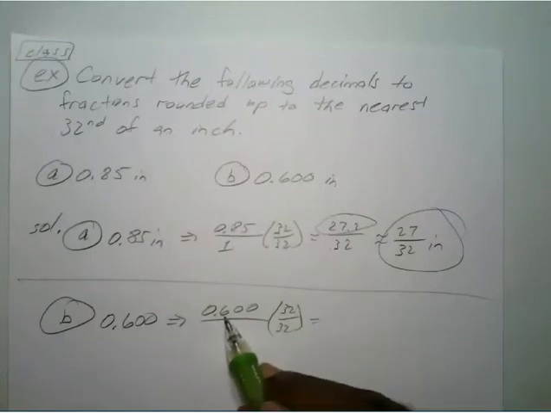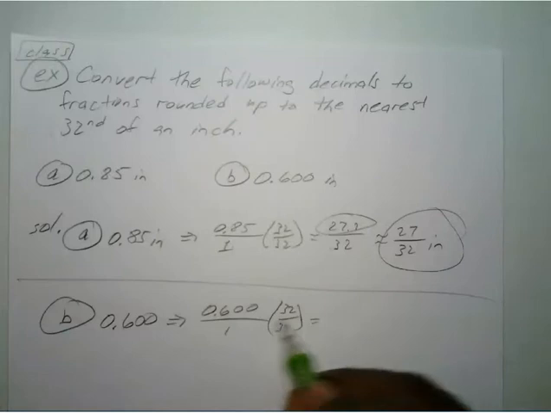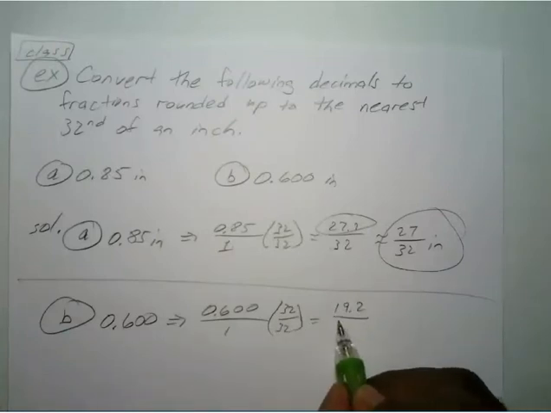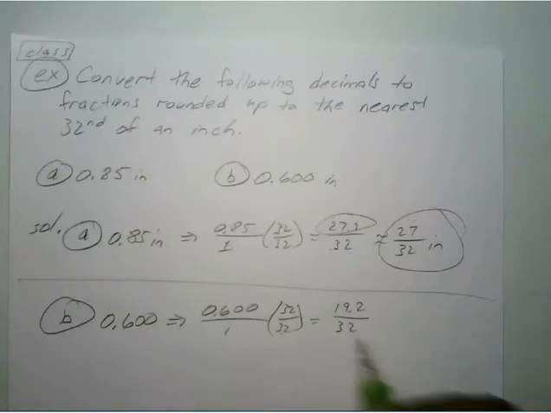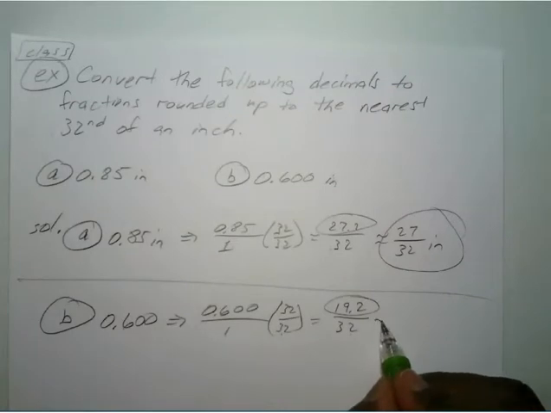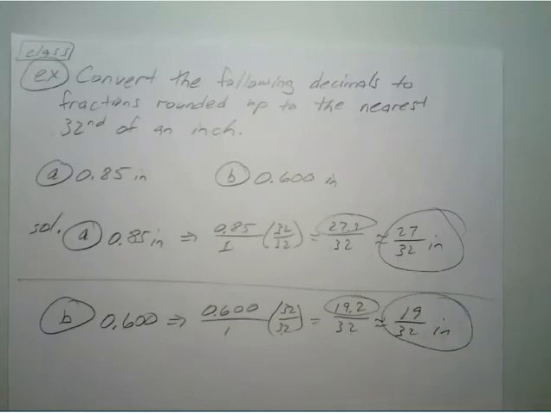So 600 thousandths times 32 is 19.2, over 1 times 32, which is 32. Again, we round our numerator. So 19.2 rounded to the nearest whole number is 19/32 of an inch.